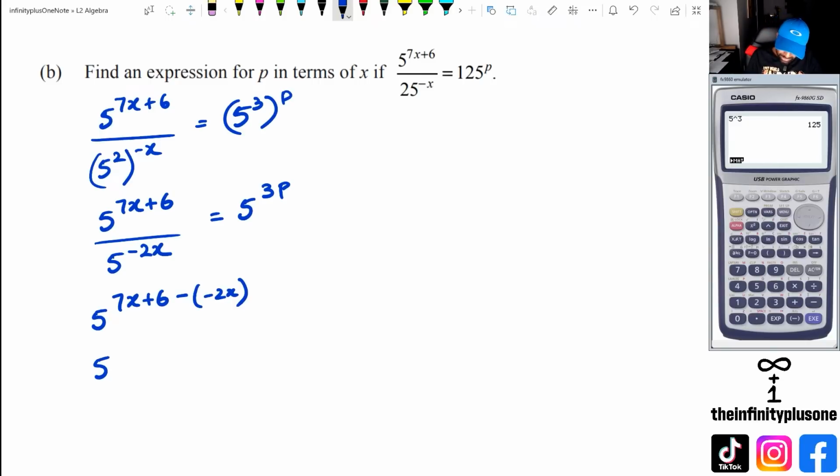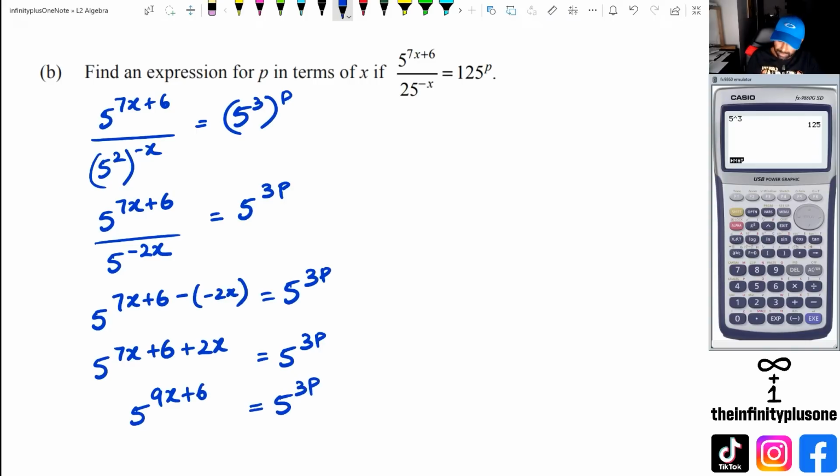That means we're going to get 5 to the power of 7x plus 6, minus and minus becomes plus, that's 2x. Sorry, I forgot 5 to the power of 3p here. Also have 5 to the power of 3p here. So simplifying this, I've got 5 to the power of 9x plus 6 equals 5 to the power of 3p.